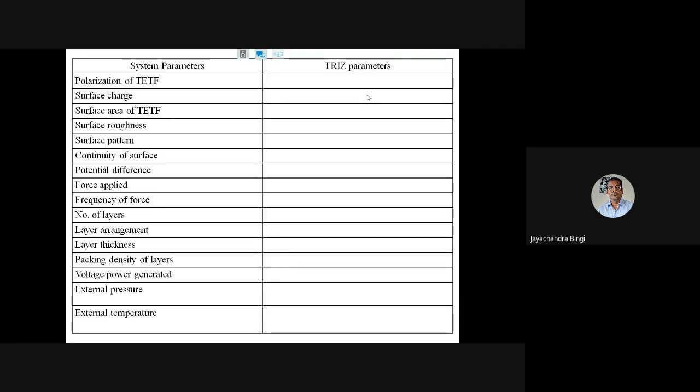Next is a little tricky. Surface roughness. Is it an area? No. How do you explain surface roughness to a person who doesn't know anything about science? Is it a material?